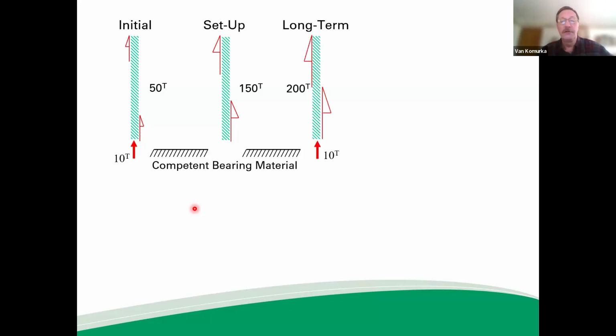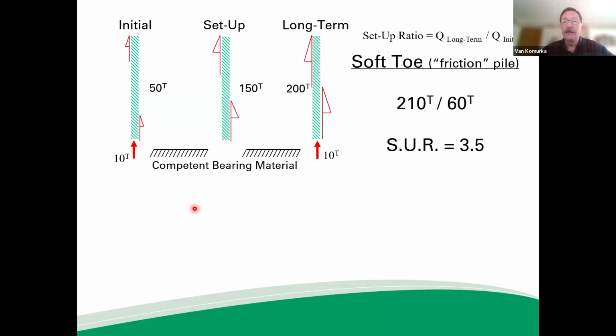So long term, we now have 200 tons on the shaft. We still have 10 tons on the toe. So we calculate a setup ratio for that friction pile with a soft toe of 210 divided by initial, 60, and we get a setup ratio of 3.5.